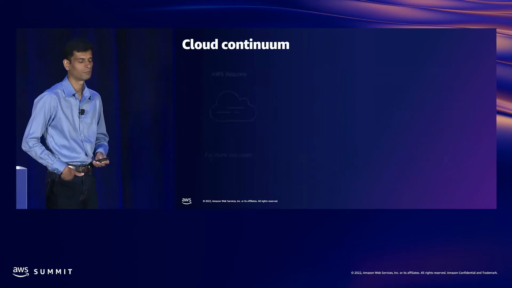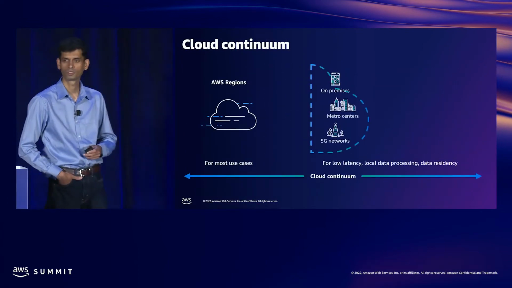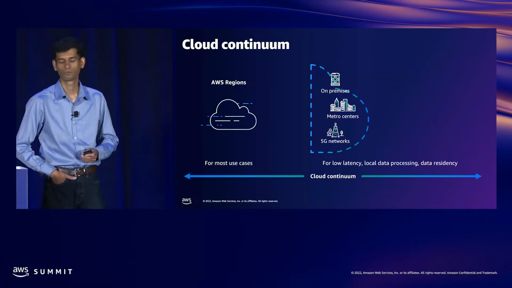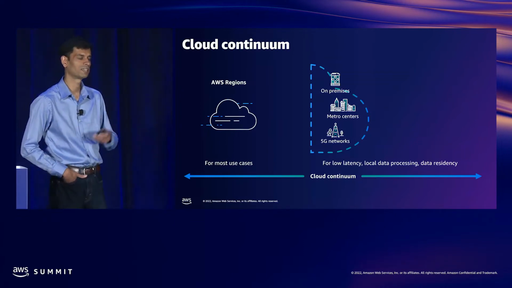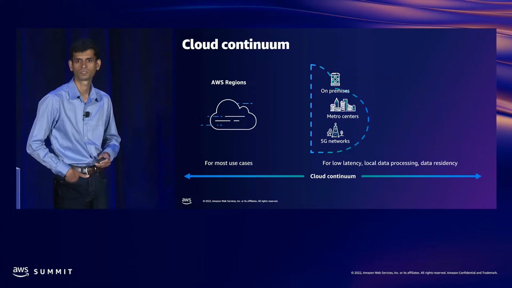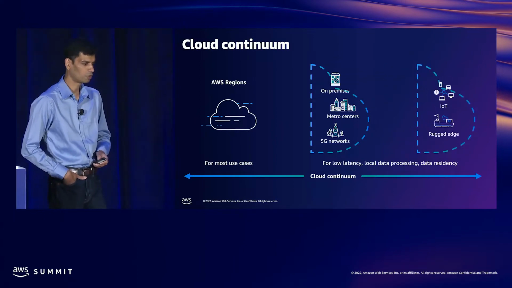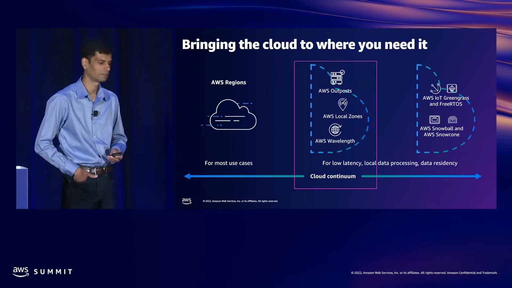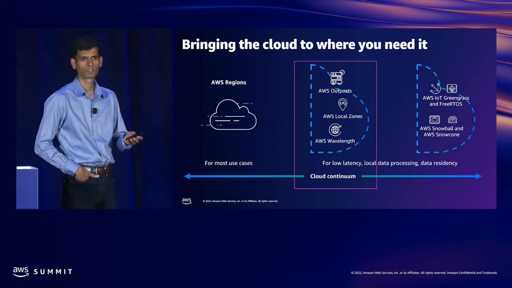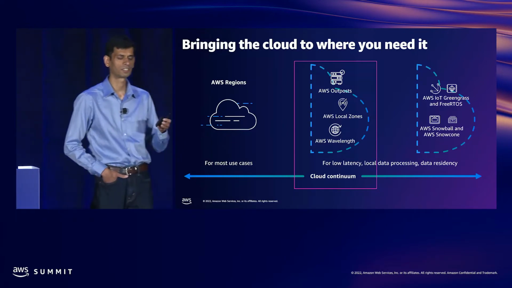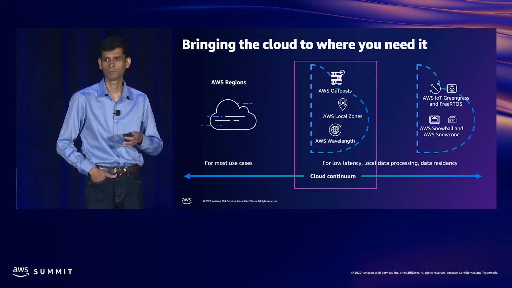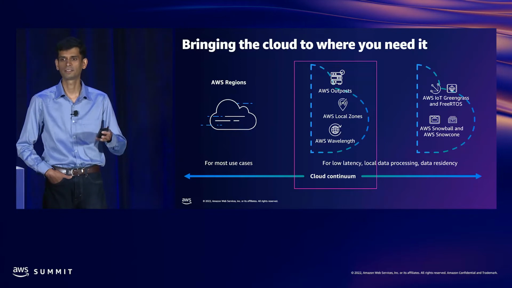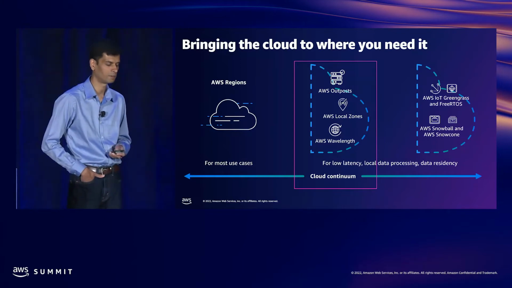Customers have always asked us to provide a continuum of cloud services, starting from the AWS region out to latency-sensitive edge workloads. They want to use the same set of services, APIs, and tools. So we came up with offerings like AWS Outposts, AWS Local Zones, and AWS Wavelength. AWS Local Zones brings services like compute, storage, and databases into large population centers or industry or IT centers where no AWS regions exist today.